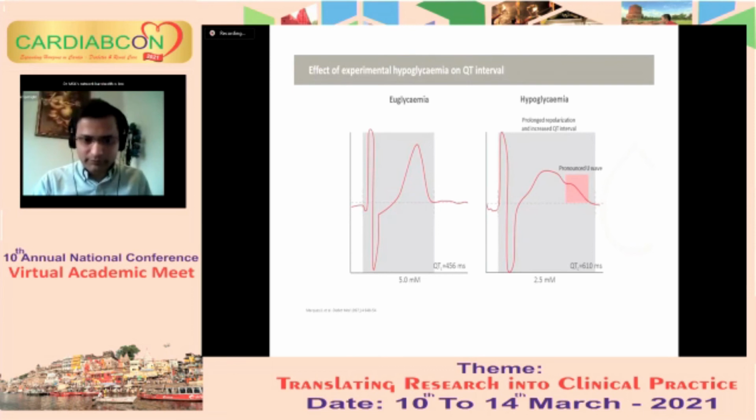This paper, published quite a long time ago in 1997, compared the QT interval between euglycemic and hypoglycemic populations. It was very clear that the QT interval, which was 456 milliseconds in patients with normal blood sugar, actually prolonged to 610 milliseconds during hypoglycemia.